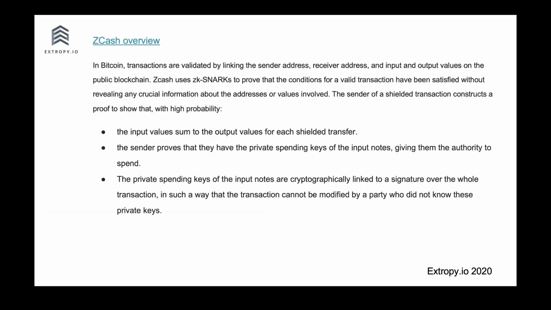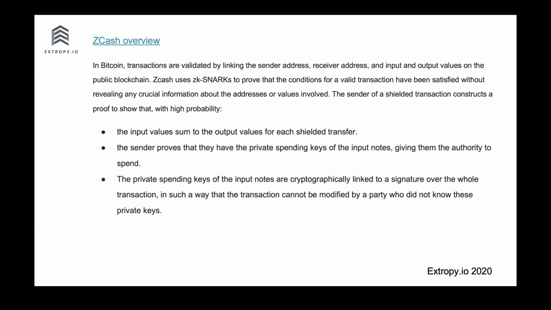Just to give you a very quick idea of how Zcash works, Zcash is very similar to Bitcoin, and it's set up in the fact that it uses UTXO, so the idea of unspent transaction outputs.